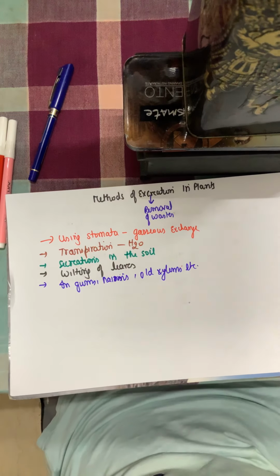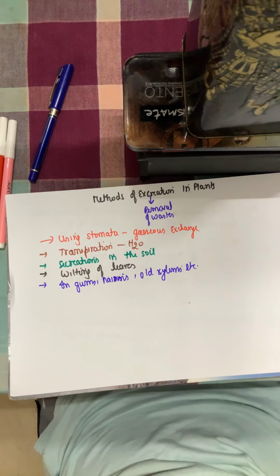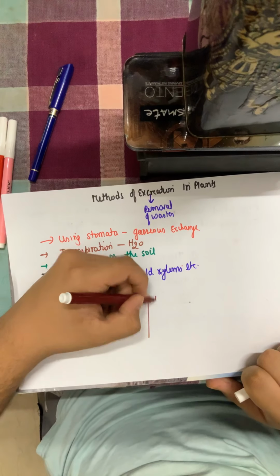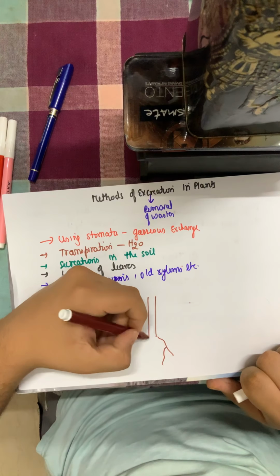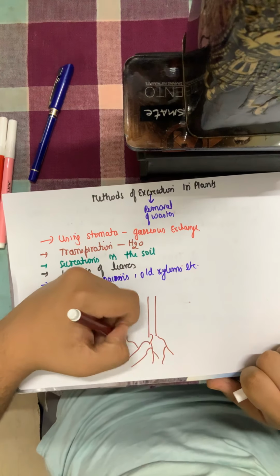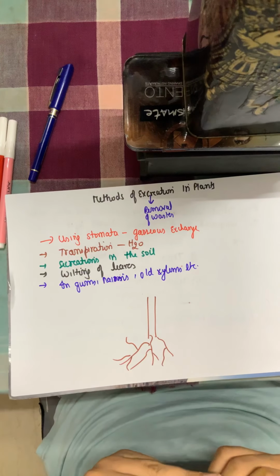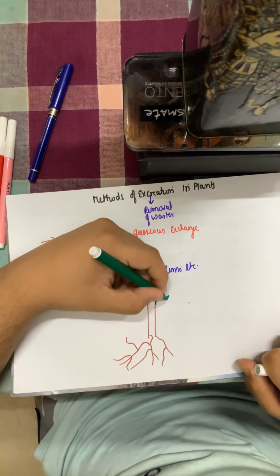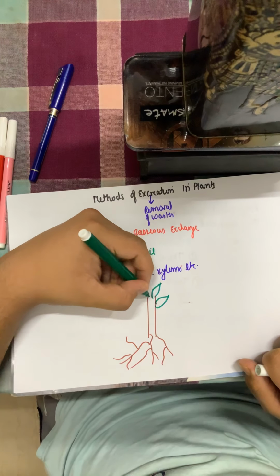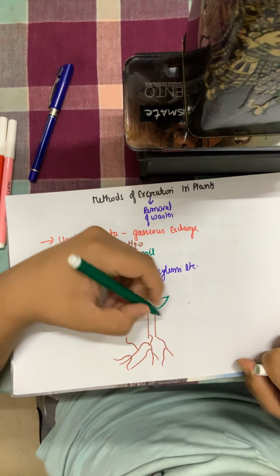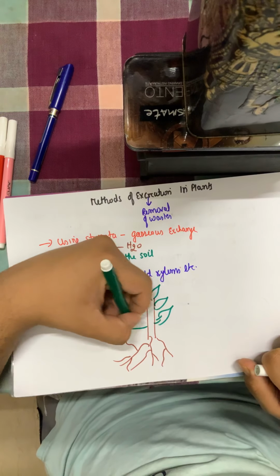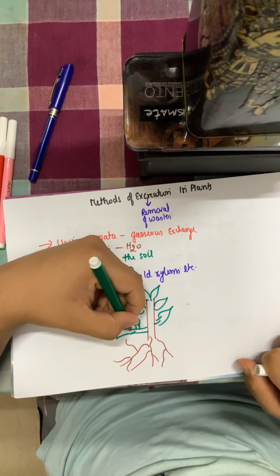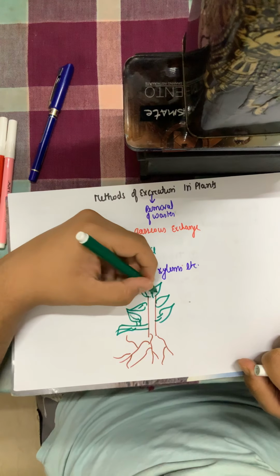Okay. So if I take a plant here, and these are its roots, here I have the leaves, a growing plant which is developing its leaves and roots.